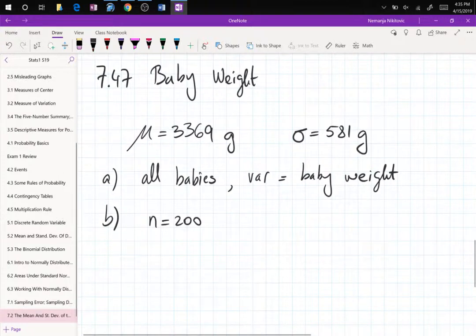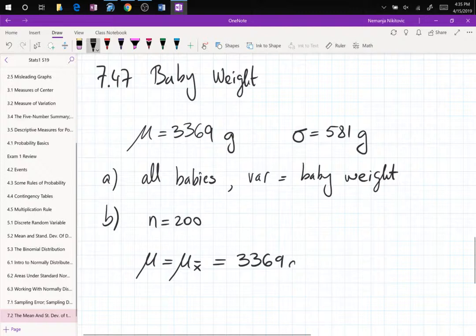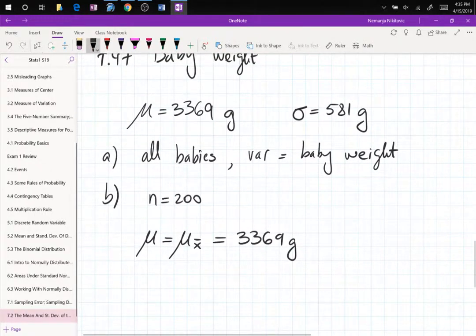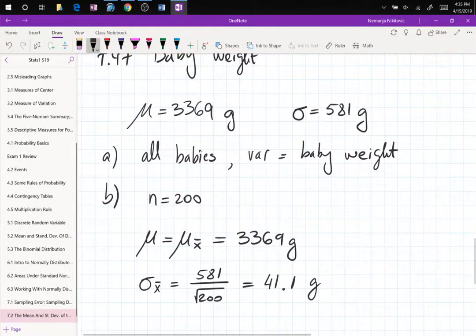So now we calculate, and we say that the mean x bar will also be 3369 grams, and then the standard deviation is 581 divided by the square root of 200, which is 41.1 grams. So that's what they were asking for.